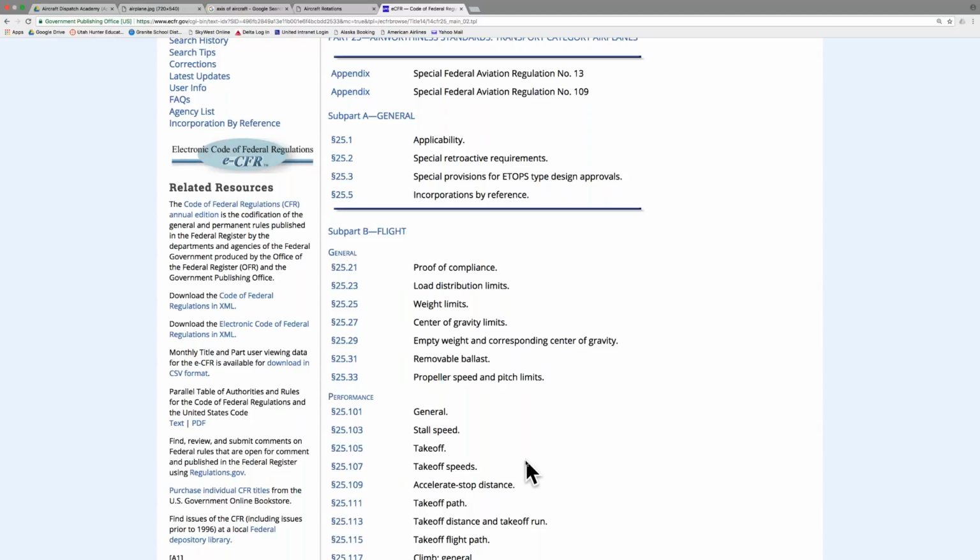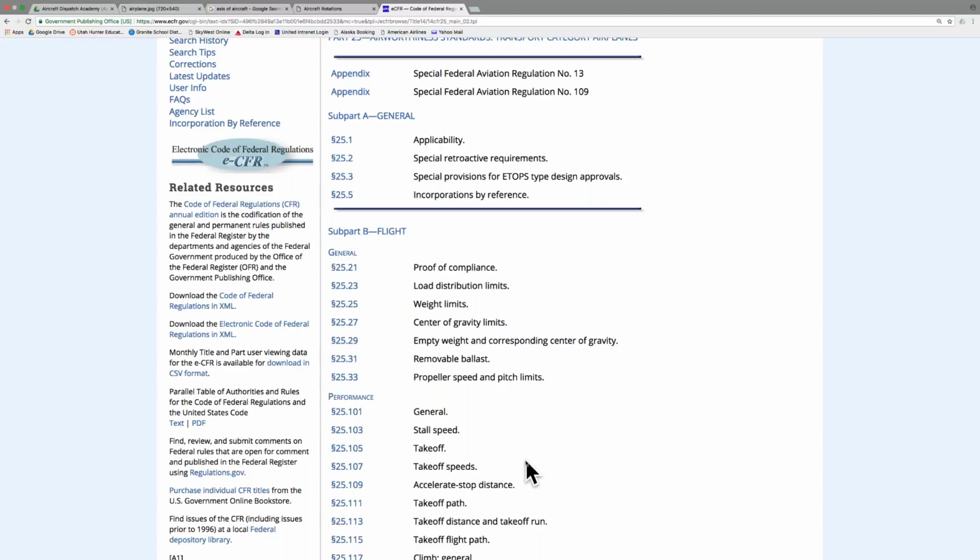It was 2 years, and the prerequisites before we could even talk about dispatch, we had to go through private pilot ground, we had to go through instrument ground, aircraft systems, human factors, all of these different courses before we could even look at the dispatch material, this stuff that we're showing you now.